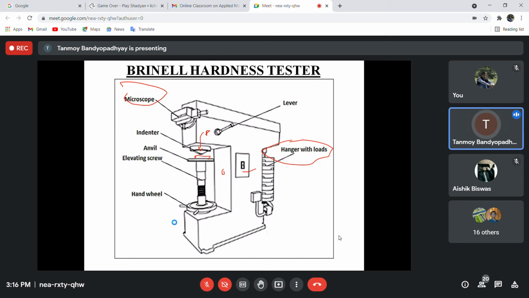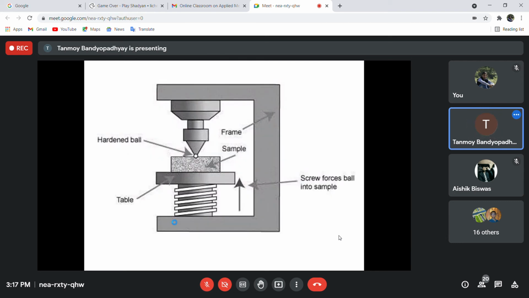The foundation must be very strong so that there are no vibrations, and the load acts perpendicular to the surface of the specimen. These are very basic precautions that we have to adopt while doing hardness testing. You can see that the entire machine is fitted on a very solid foundation. There has to be a very solid foundation for the specimen.